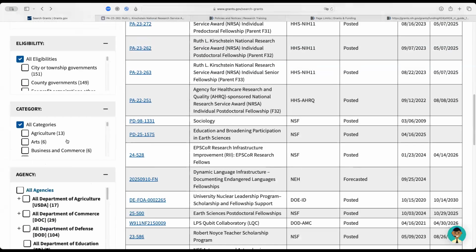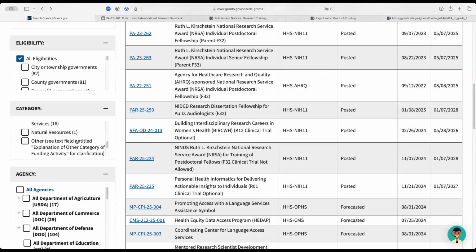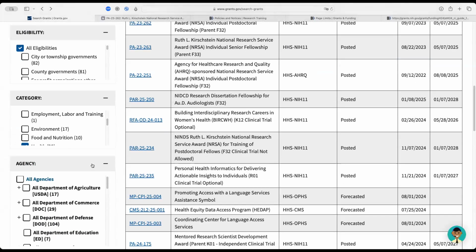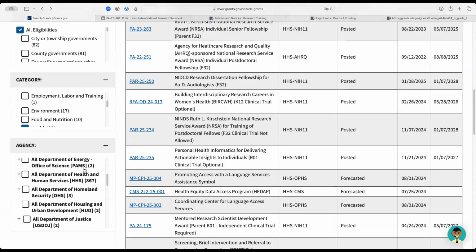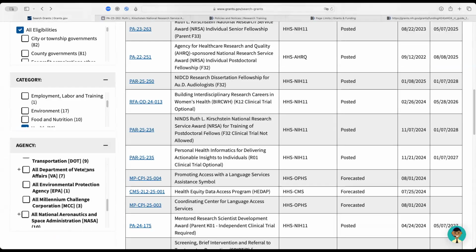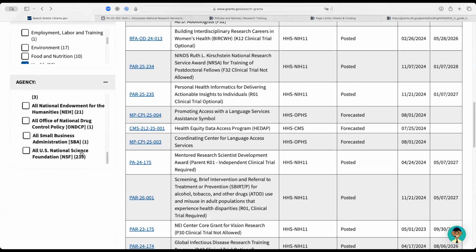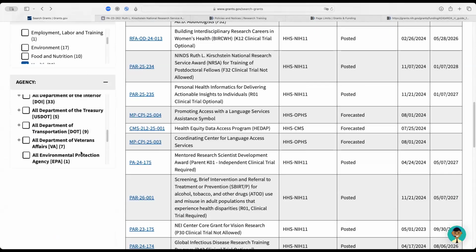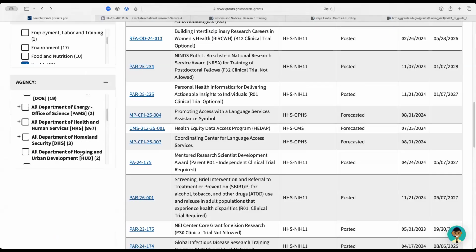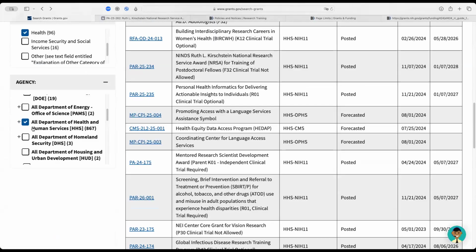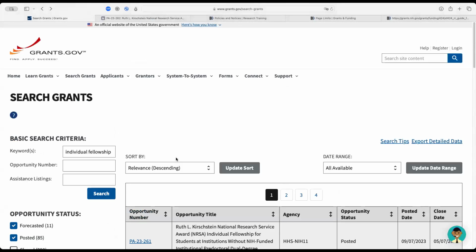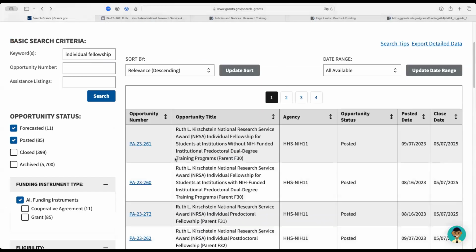We want to cut that down so we can look at categories and we can select health. Great, that drops us to 99. We want to be more specific. All right, well, we saw the Health and Human Services, HHS. Great, we could go and select that. All right, we're at 85.